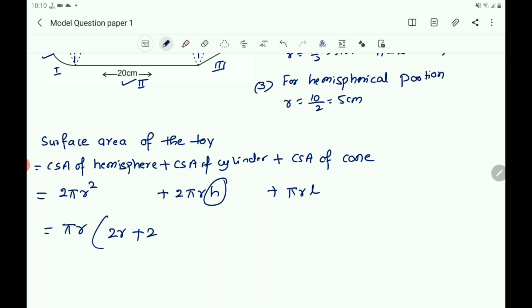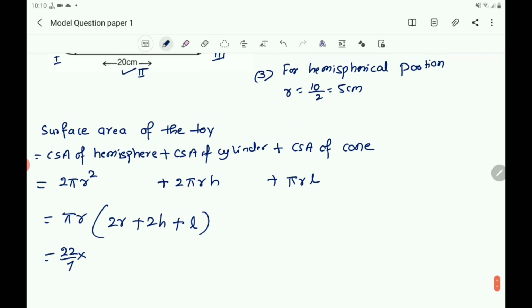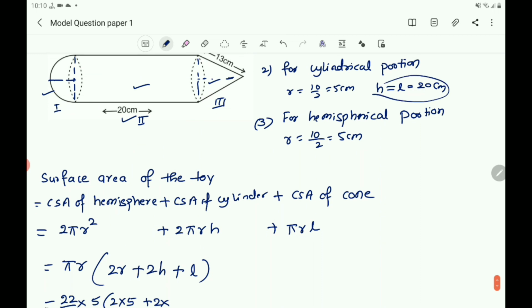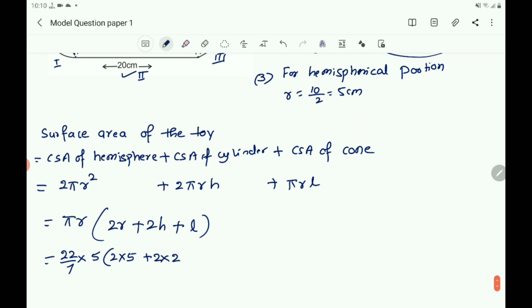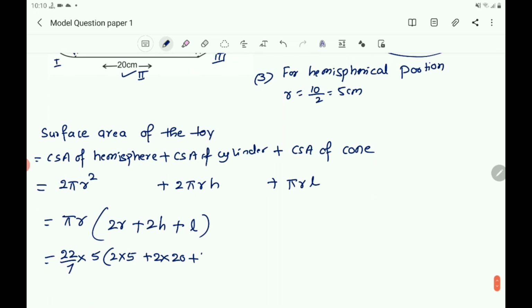What is remaining here? H is remaining. H plus here pi r is outside, so L is remaining. Now pi is 22 by 7. R is same for all, 5. 2 into 5 plus 2 into H, H is 20 centimeter, plus L, slant height of the cone, that is 13 centimeter.